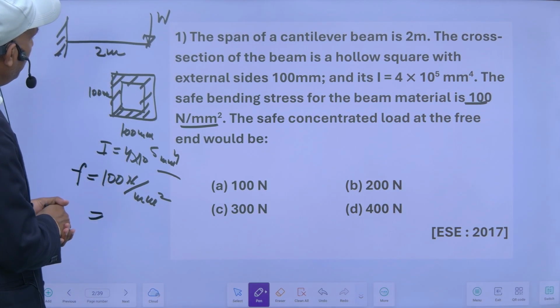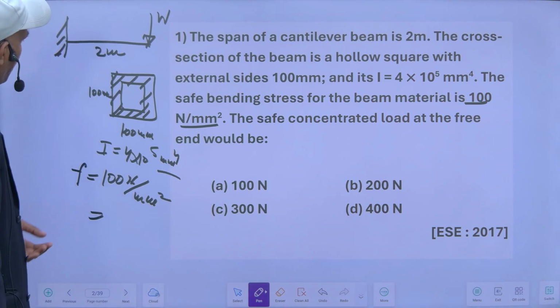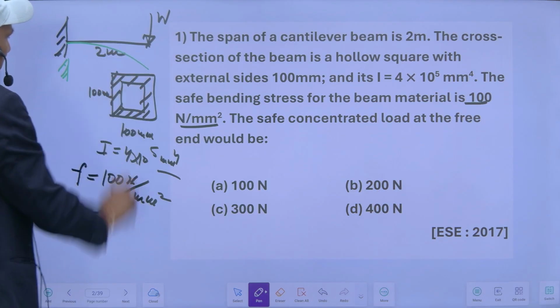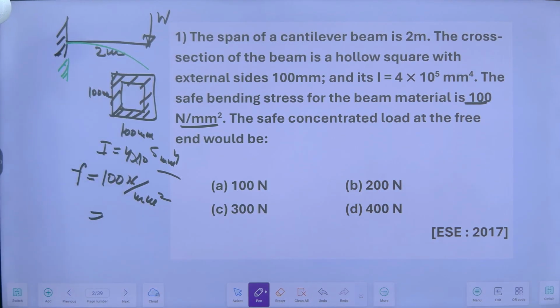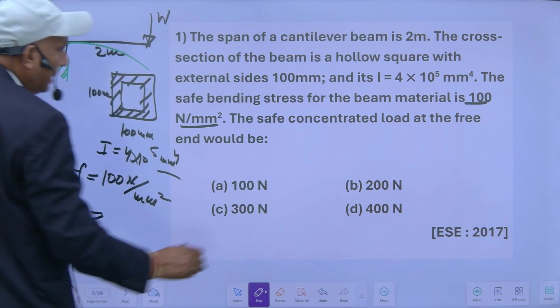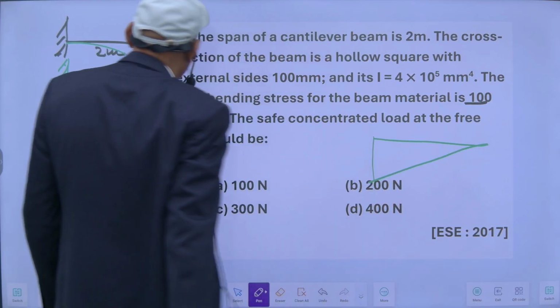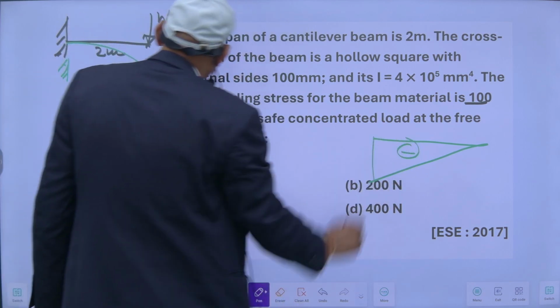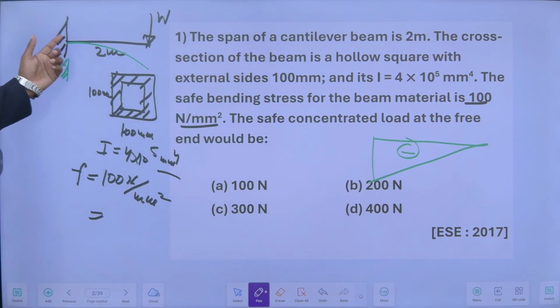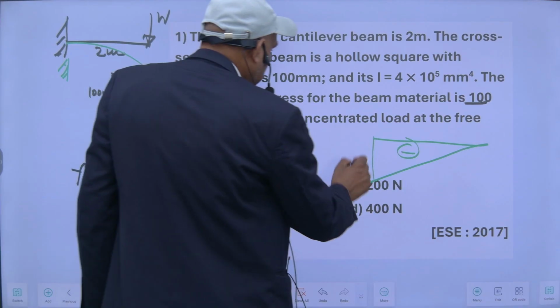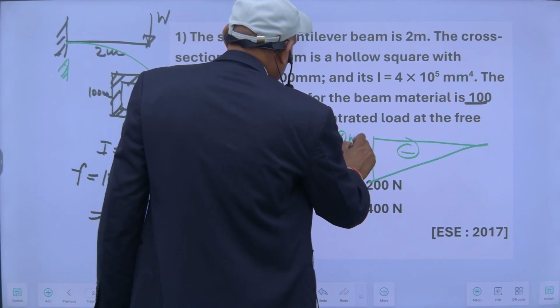So in this case, the cantilever will deflect like this, and the maximum bending moment will be developed at the fixed end. It will be hogging, and the moment at the fixed end, where the bending moment is maximum, will be W into 2. It will be 2W.